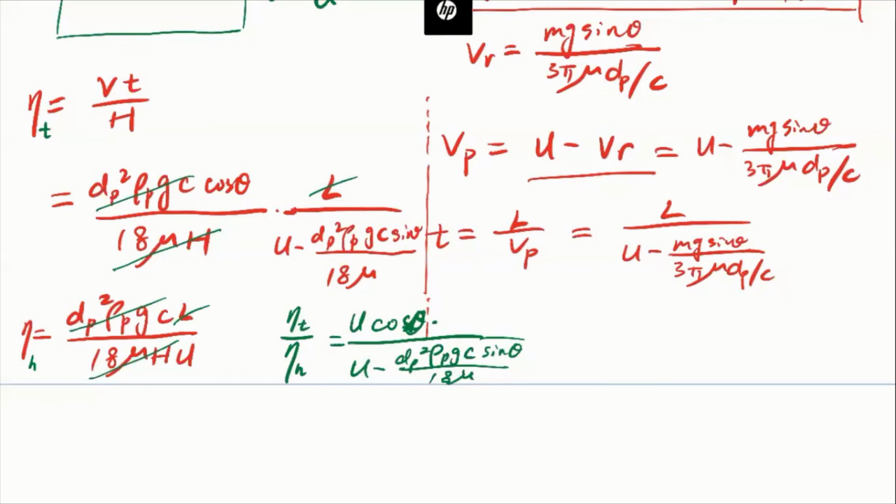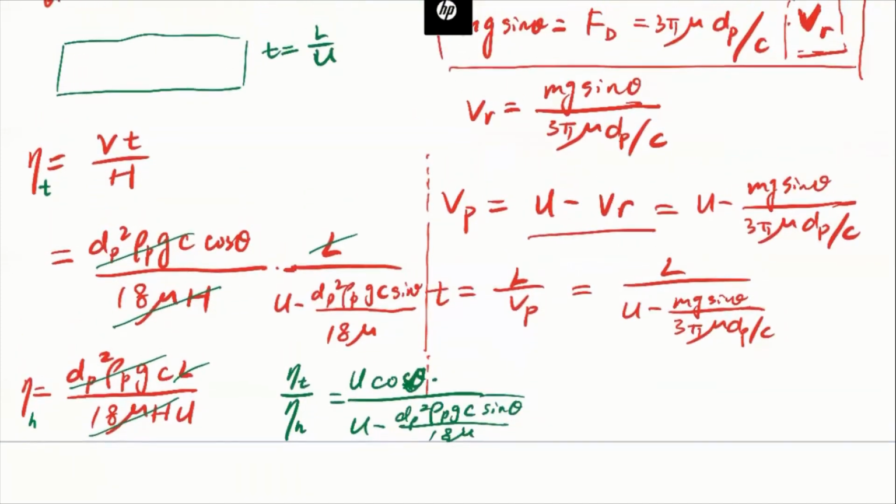So which one is bigger? Which one is smaller? By directly looking at this ratio here, we can consider a situation. Let's say theta is equal to 10 degrees, okay?